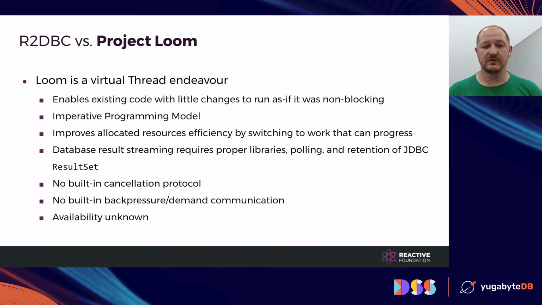You can remain with an imperative programming model, and you will benefit from a lot of this improved scaling behavior, because once your thread is entering a blocking code area, then it will be put aside and resumed later on once the blocking part is over. However, it doesn't have any cancellation in its protocol because it's not a protocol. It's just a different way how to run code. And it doesn't have anything related towards back pressure, and we do not really know when it's going to be available.